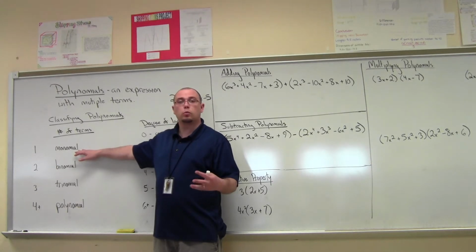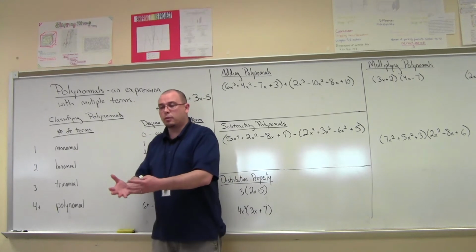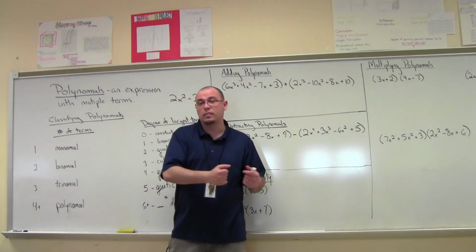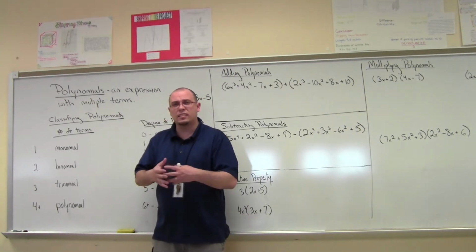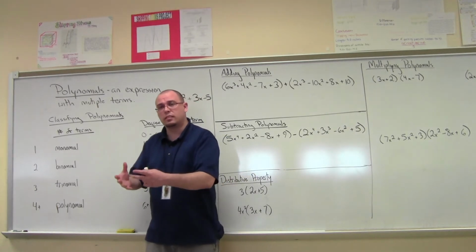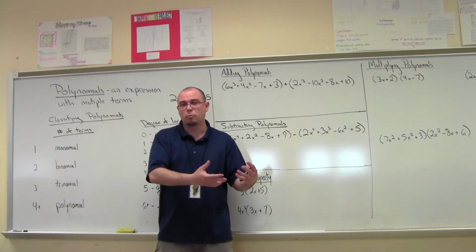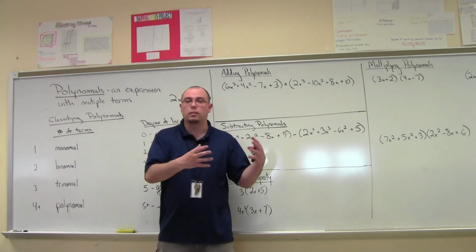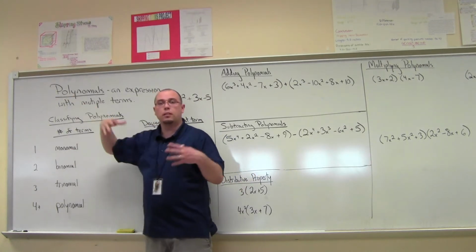So for instance, those of you in world studies right now, if you've heard about a monotheistic versus a polytheistic society, what they're talking about are the number of gods that that society believes in. So monotheistic would mean 1, polytheistic, like the ancient Greeks or the ancient Romans, would have multiple gods. So mono meaning 1, poly meaning multiple.